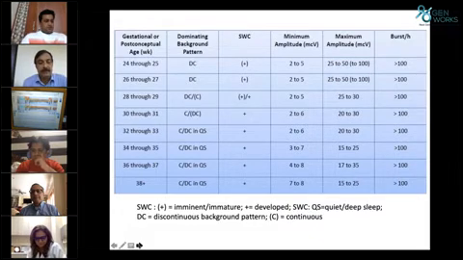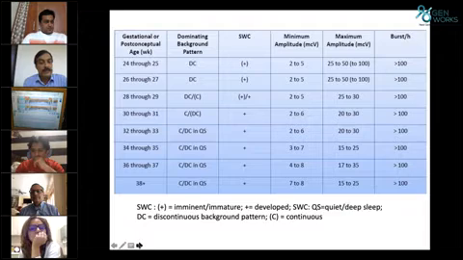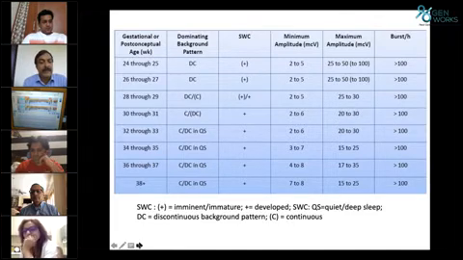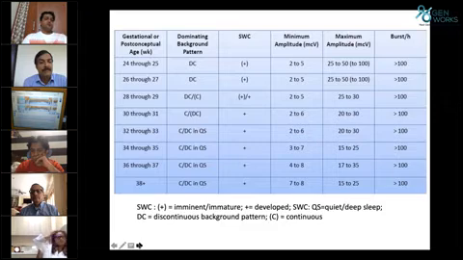I want all our participants to concentrate on this beautiful picture, and a few things as she has repeatedly mentioned. When we are recording or reading an EEG, remember, first thing, describe the background pattern. And here, if you see, the first column says what the background pattern is.